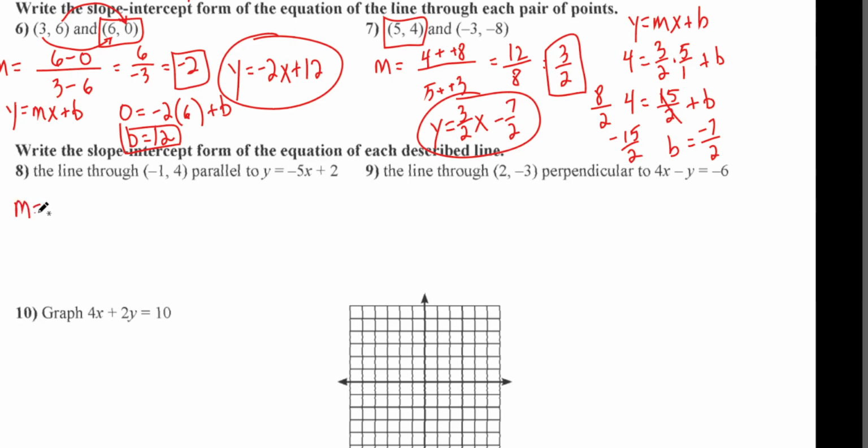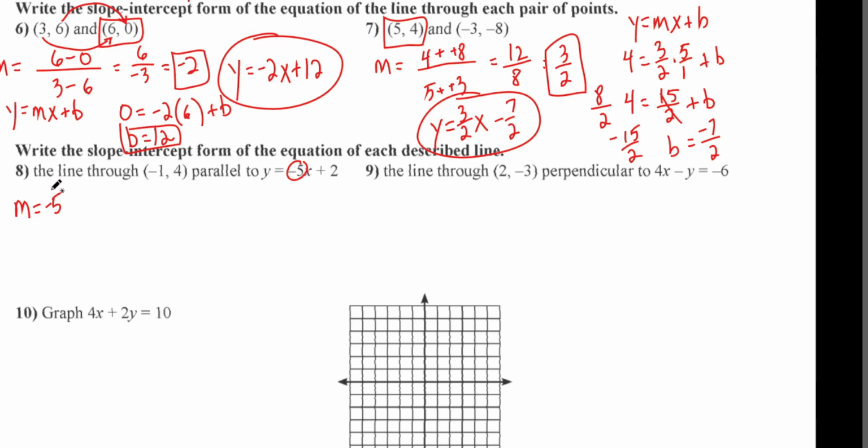Negative 5, not negative 5x. It's just negative 5. That's the slope. Why do I care about the slope of that line? Because the line that I'm trying to figure out is parallel to that line. And what do we know about parallel lines? They have the same slope. So if the slope of this line is negative 5, what's the slope of our line? It's negative 5.